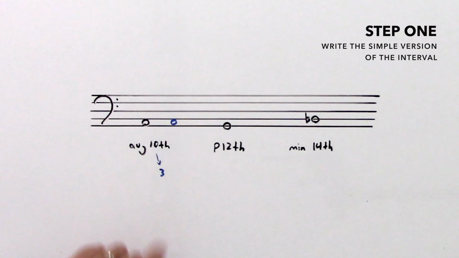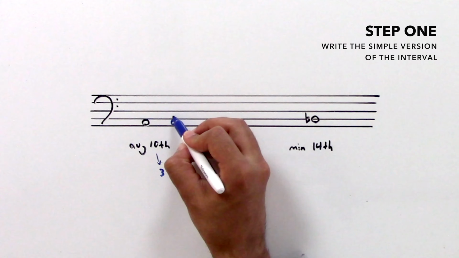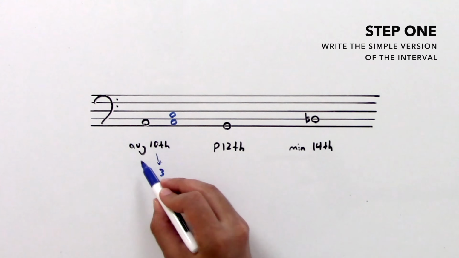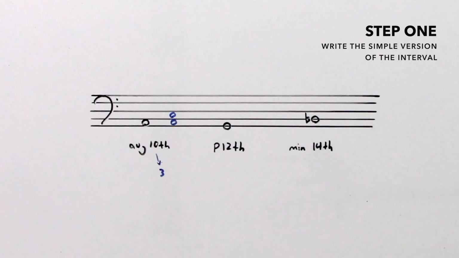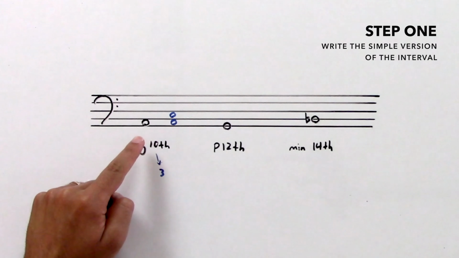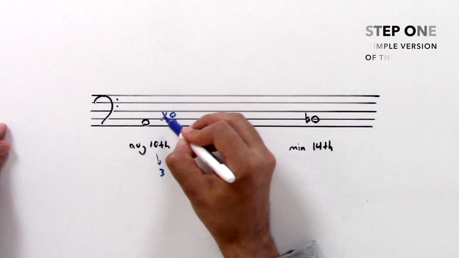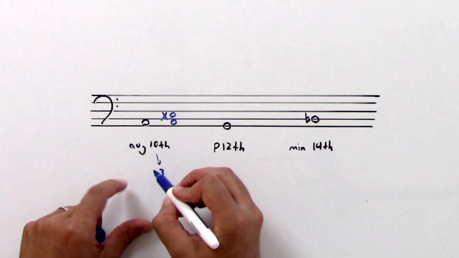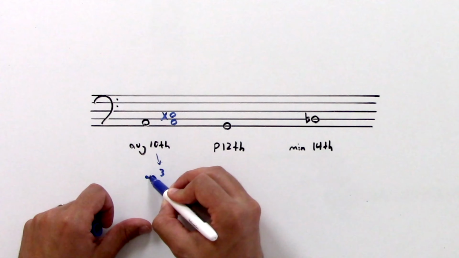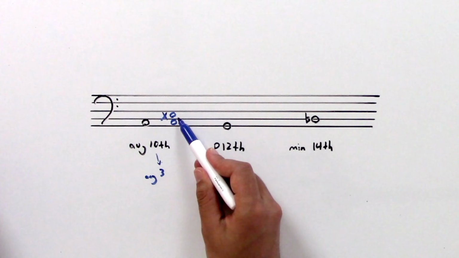What's a third above A? C. And what's an augmented third above A? I know that the third note of an A major scale is C sharp. If I raise that C sharp again, the interval gets bigger and it becomes augmented. So an augmented third above the note A is C double sharp.